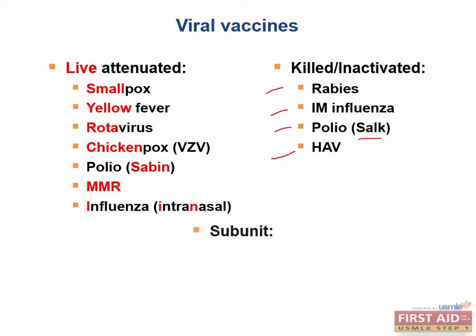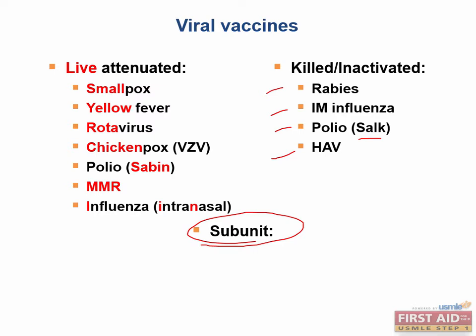The last type of vaccine we will talk about is the subunit vaccines. A subunit vaccine is one that is made up of a subunit or a portion of the virus. The subunit is typically a capsid or envelope protein. Essentially, scientists took the virus, broke it up into its basic pieces, and isolated one of those proteins or pieces in the lab.